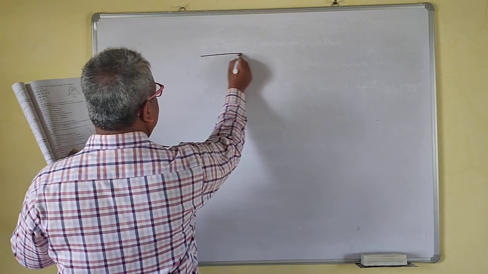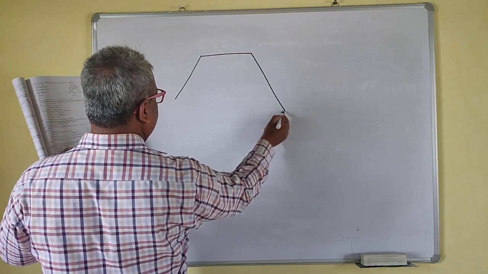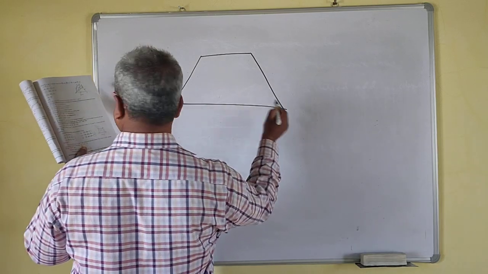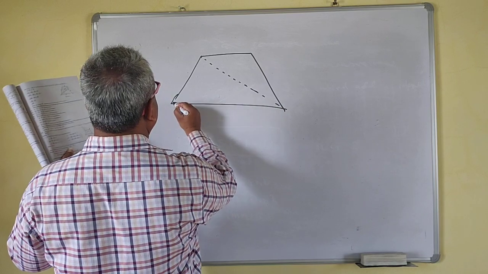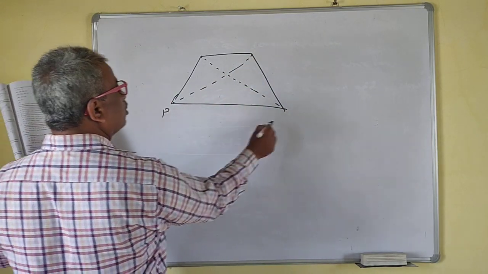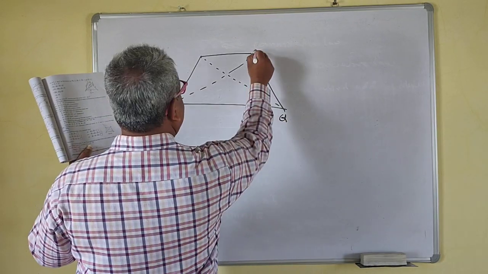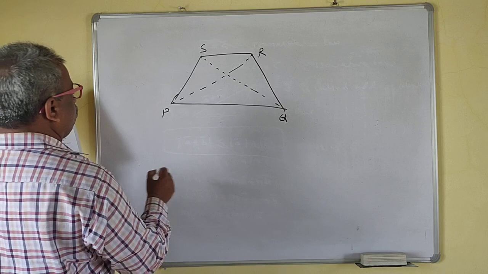Suppose we'll take an example. Suppose we have this, and suppose this is a diagonal. This is your P, this is your Q, this is your R, and this is your S. So this is quadrilateral PQRS.